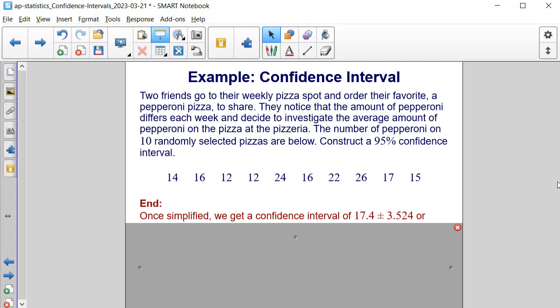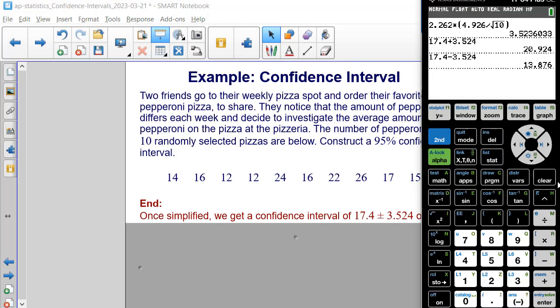In other words, if we simplify that one section of our formula, the t-value times the sample standard deviation divided by the square root of n, we end up getting that 3 and about 524 thousandths. They rounded it to the thousandths place.